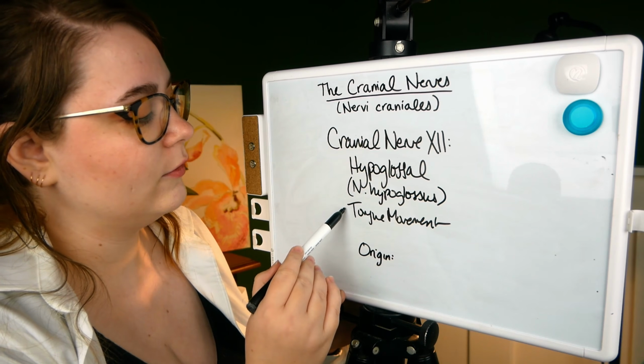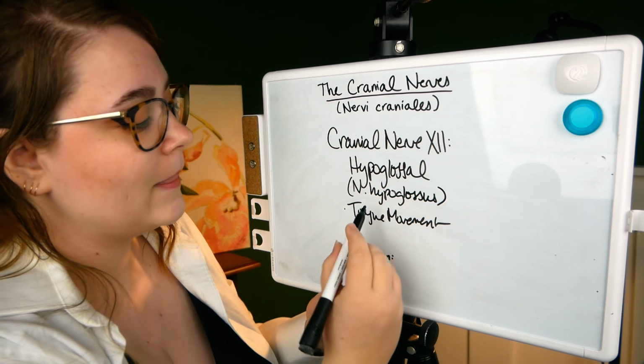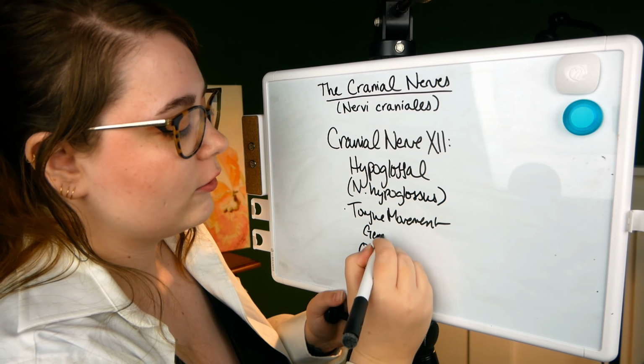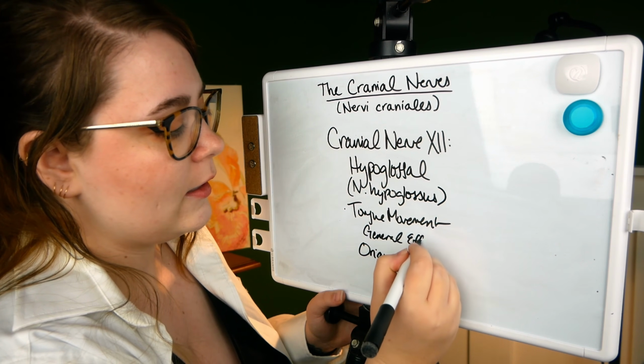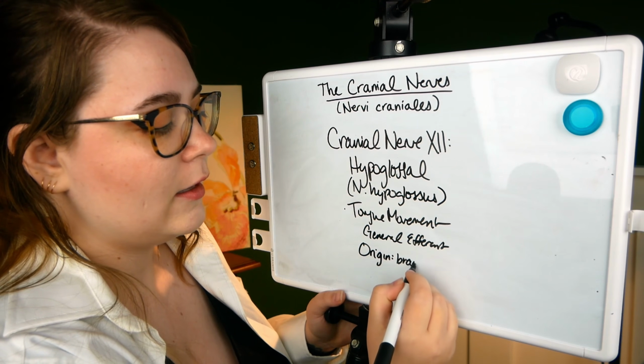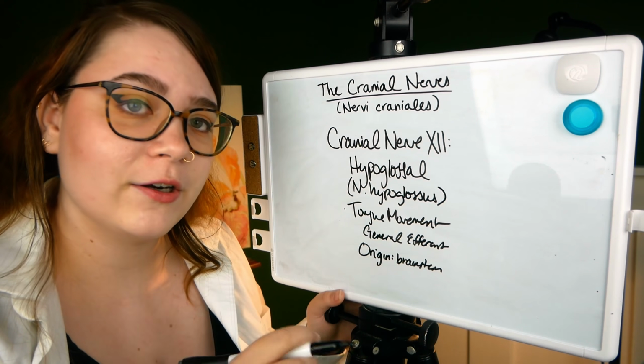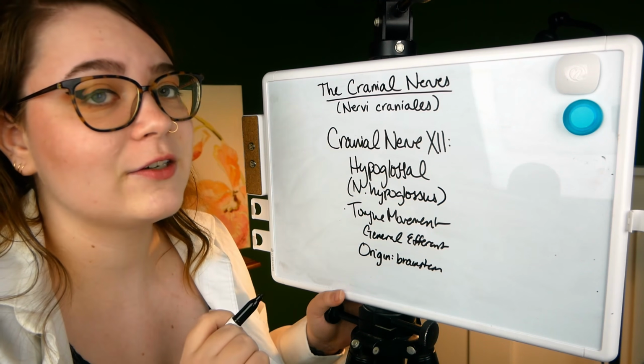This nerve allows us to move our tongue. It is a general efferent nerve, and it originates in the brainstem, and it's also a very easy nerve to test for function. So our last test is going to be the most challenging of our tests.